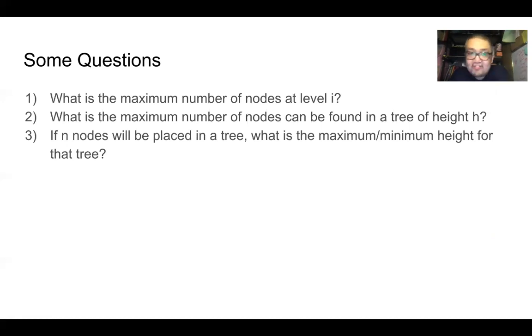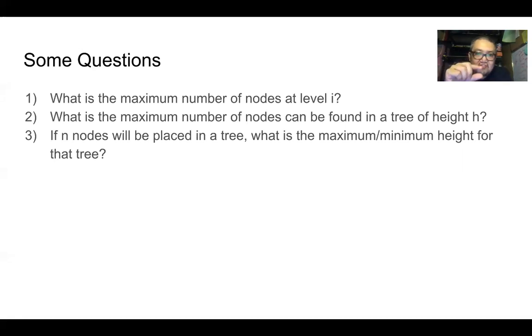I think some interesting questions that we can look at before we move to our next topic. Number one, what is the maximum number of nodes at level i? Obviously, for each level, you can have one node and each node has two children.